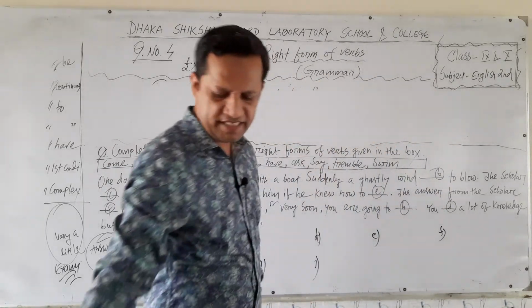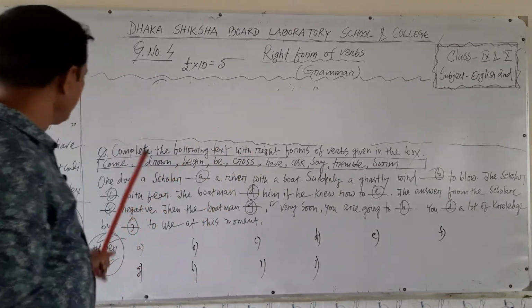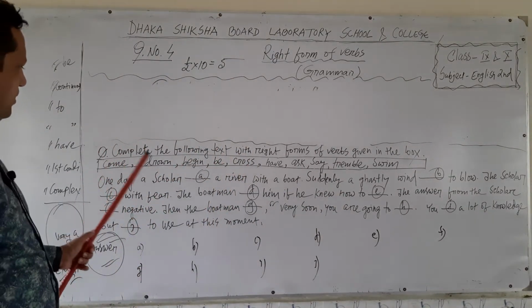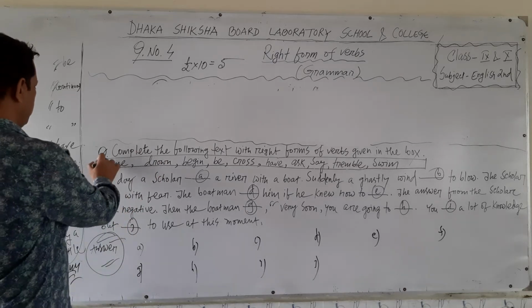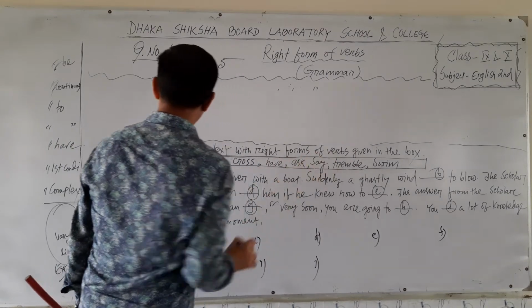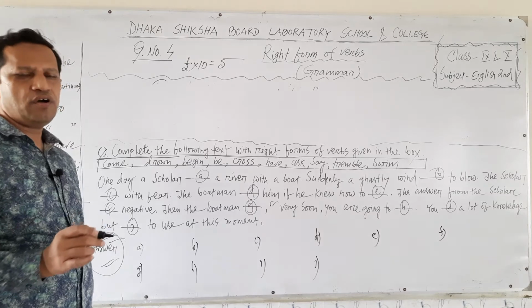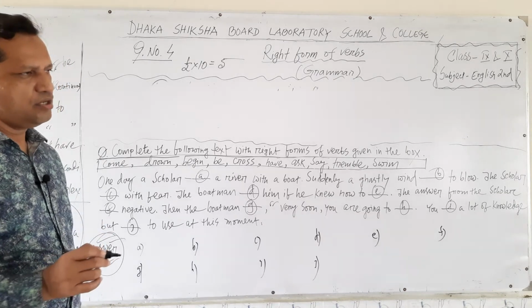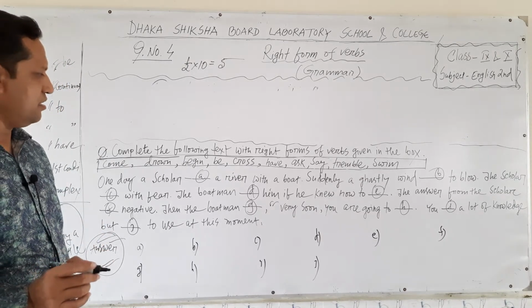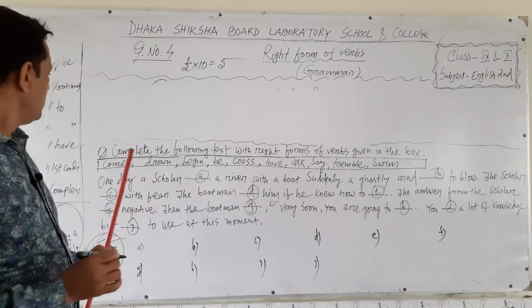Now, we will practice a passage in this way. They will be given a box. This is a box, my dear students, and in the box you will have 8 or 10 or fewer verbs.